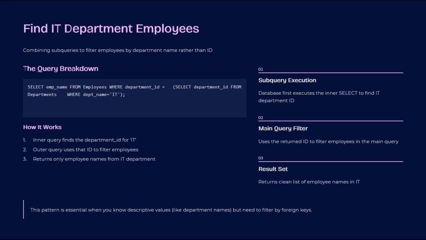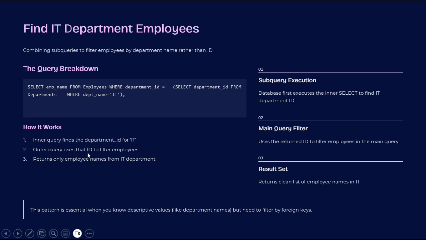So let's move to the next query. Find IT department employees, combining subqueries to filter employees by department name rather than ID. So our query will be SELECT emp_name FROM employees WHERE department_id = (subquery: SELECT department_id FROM departments WHERE department_name = 'IT'). So the inner query finds the department ID for IT.